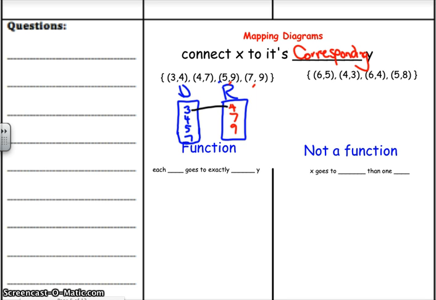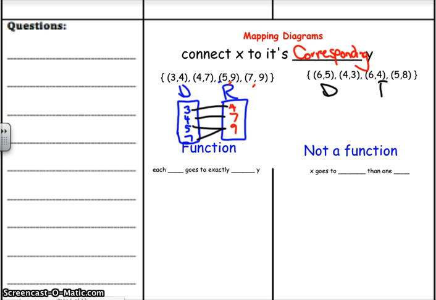What does 4 go to? What does 5 go to? 5 goes to 9, right? 5 and 9. 7 also goes to 9. That I mapped it. That's called mapping. Okay? I connected it.